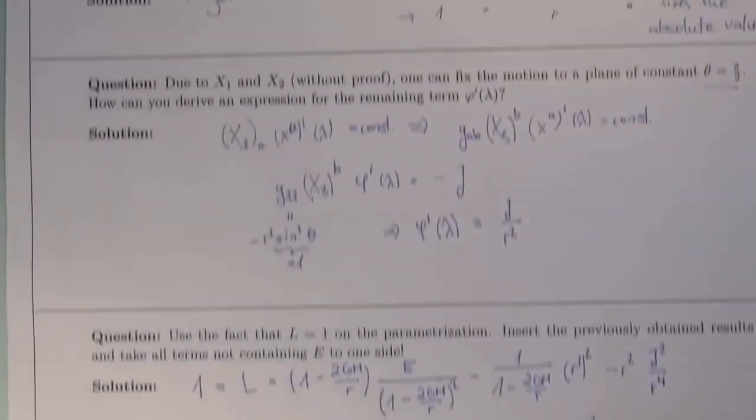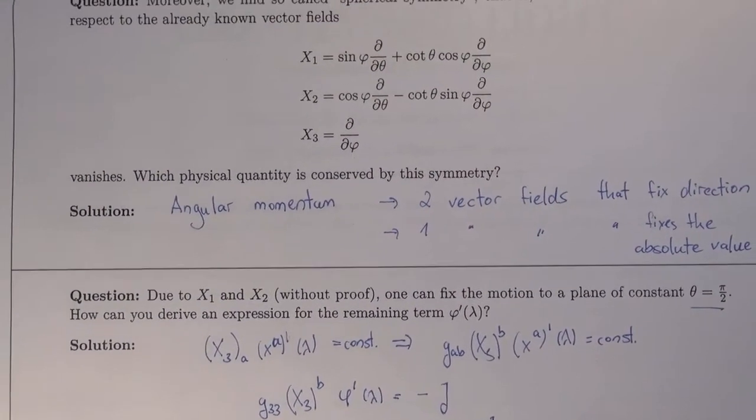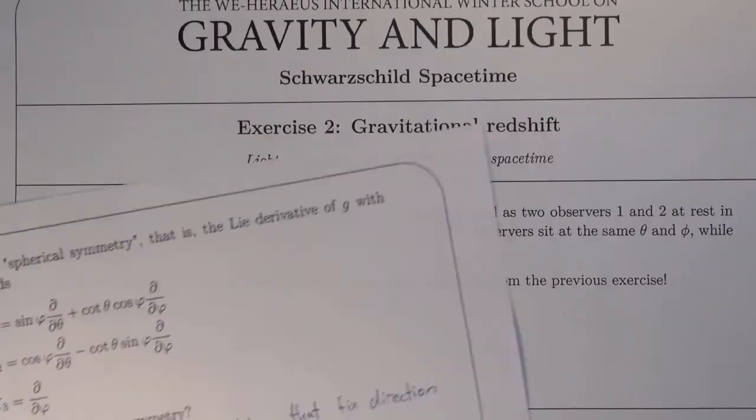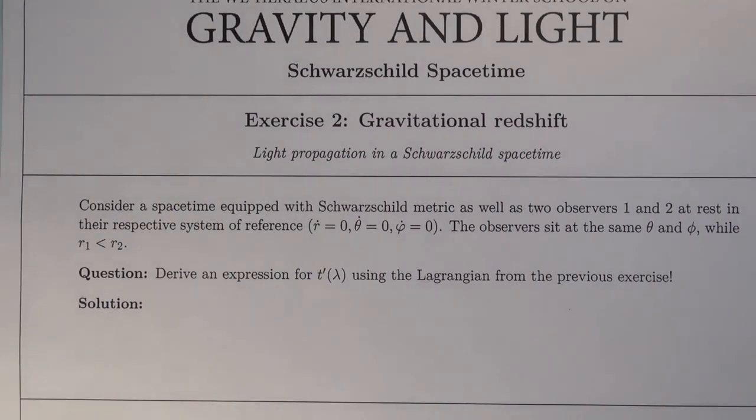So this is the first exercise of this sheet, and there will be one more exercise which will deal with gravitational redshift, also an important effect appearing in general relativity. So we consider a spacetime that is equipped with a Schwarzschild metric as well as 2 observers, 1 and 2, that are at rest in their respective system of reference.